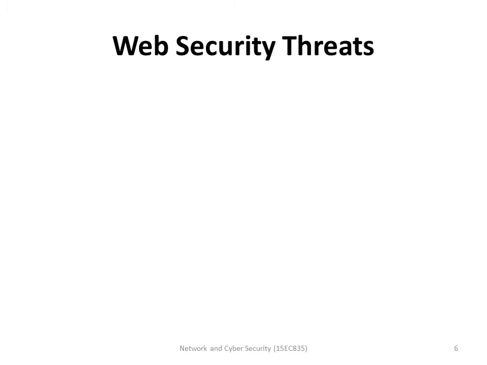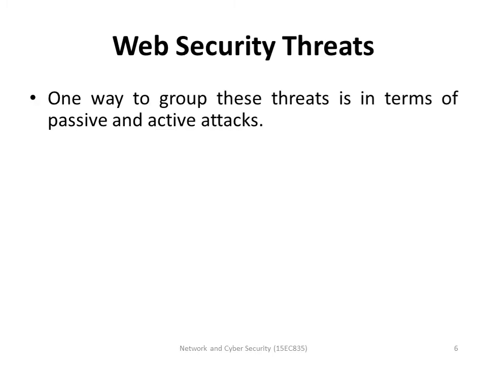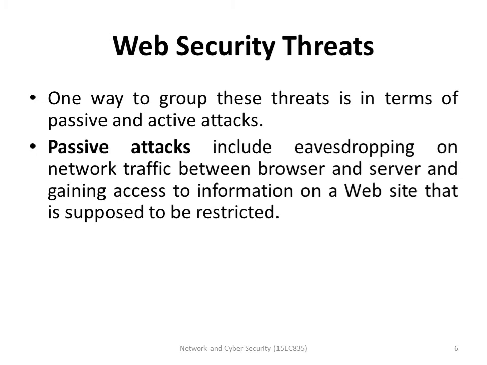Let us look at these various web security threats in the form of a classification. One way to group these threats is in terms of passive and active attacks. What are passive attacks? They include eavesdropping on network traffic between the browser and server, and gaining access to information on a website that is supposed to be restricted.